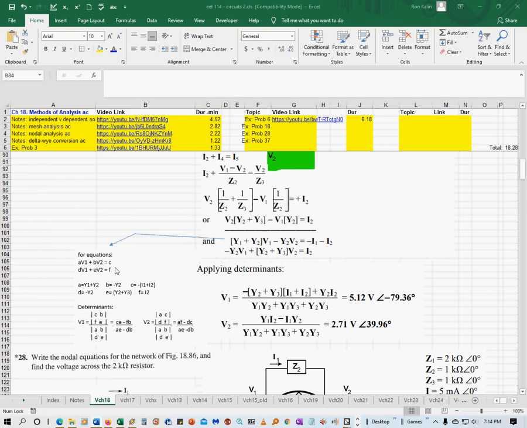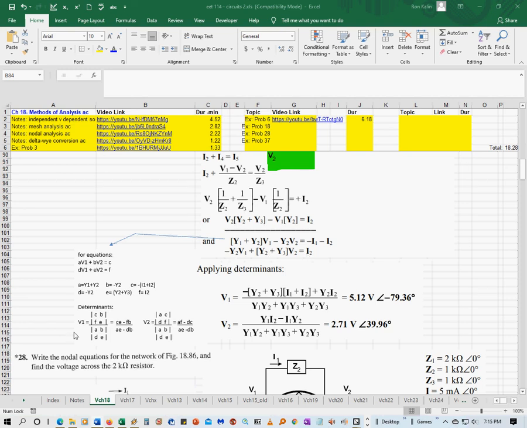So the two equations now are in this form, where A is Y1 plus Y2, B is negative Y2, C is minus the quantity of I1 plus I2. I just factored out that minus sign. D is negative Y2, E is Y2 plus Y3, and F is I2.